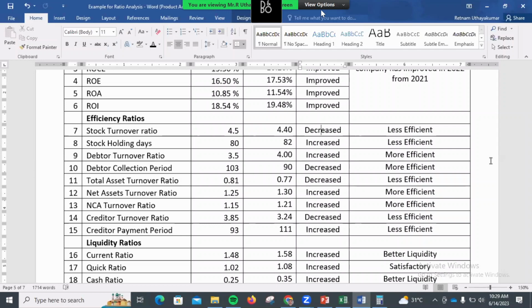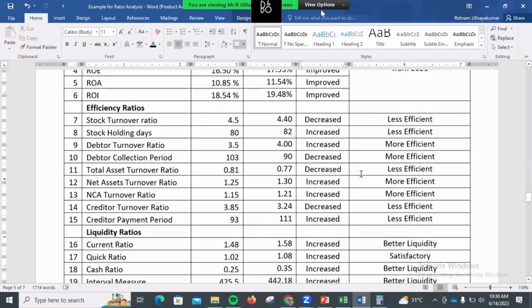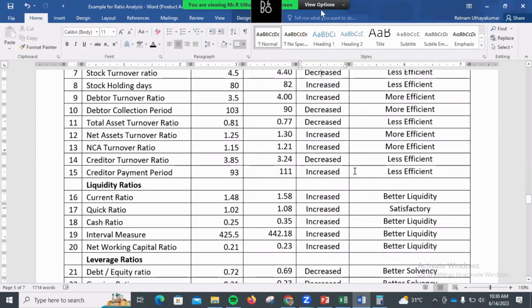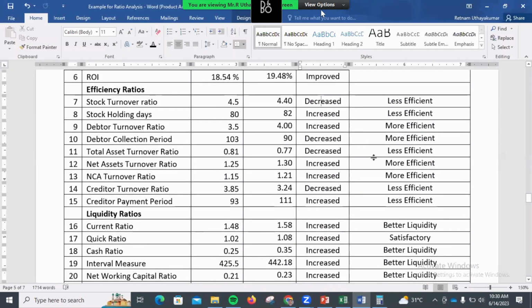So collectively you can comment that the efficiency of this company in 2022 has slightly decreased compared with the previous year. As beginners of analysis, you can make such comments, but experts will write better comments. That would only be expected when you are practicing at the industrial level.